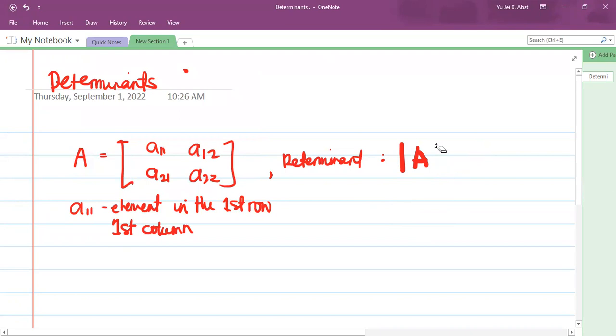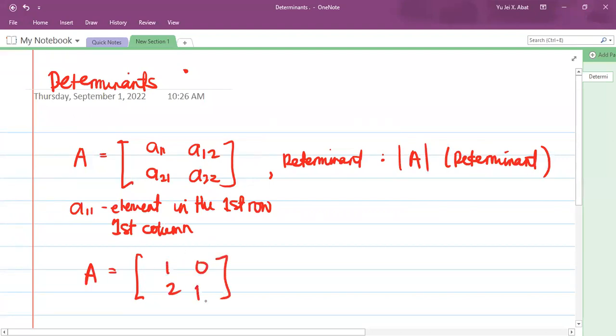So anyway, that is what determinant means. When we see the absolute value bars around the matrix A, that means determinant. For example, we have a 2 by 2 matrix A: 1, 0, 2, 1. If we wish to find the determinant, that is the symbol we will see.